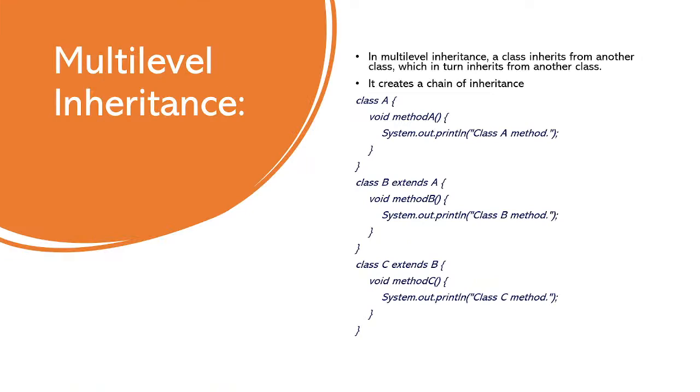Next one is multi-level inheritance. It is nothing but a chaining option, a way of chaining the data and using it. In this example, you can see there is a class A and a class B. Class B extends A, so B is the child class inheriting the properties of the superclass or parent class A. Again, the third class: class C extends B. So C extends B, B extends A, and A is the superclass.